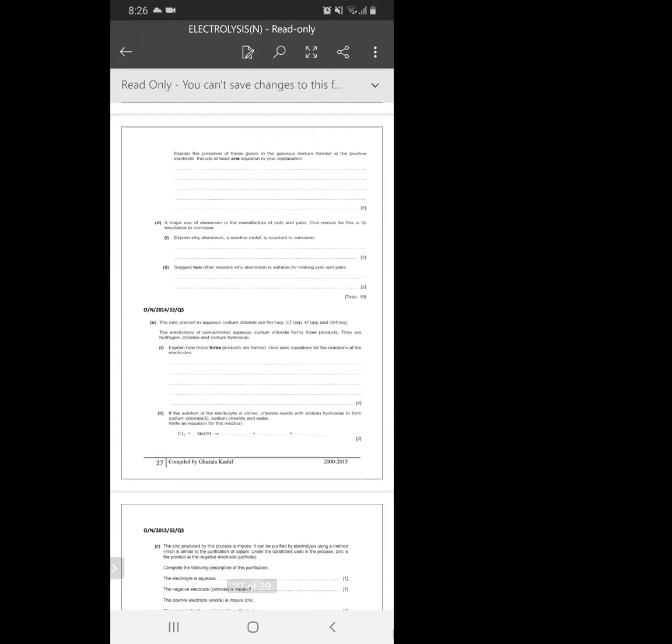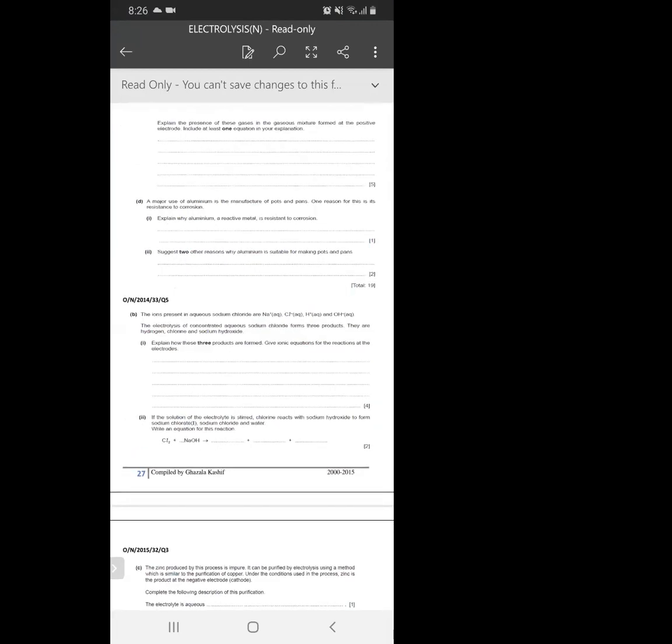The ions present in aqueous sodium chloride are sodium ions, chloride ions, hydrogen ions, and hydroxide ions. The electrolysis of concentrated, now remember it's concentrated, aqueous sodium chloride forms three products: hydrogen, chlorine, and sodium hydroxide. Why did I ask you to pay attention to the term concentrated?